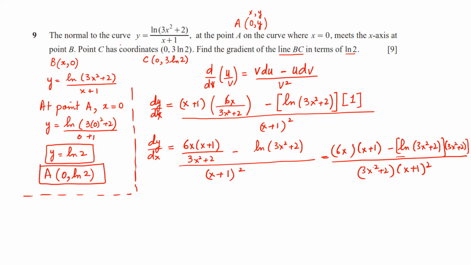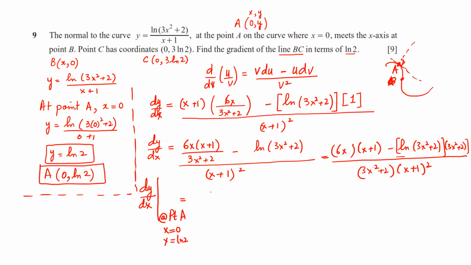So remember, we are trying to find the normal. For example, this is your curve going and this is your point A. This is the derivative, and we are trying to find the normal here. So put in the value of dy by dx at point A, the coordinates x equals 0, y equals ln of 2.